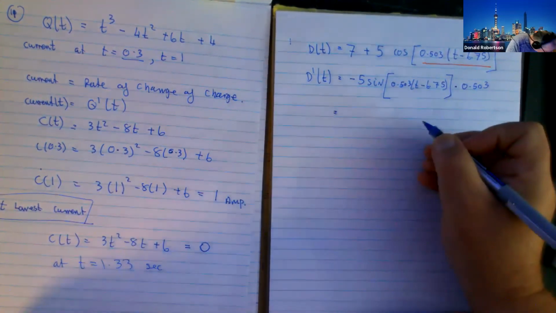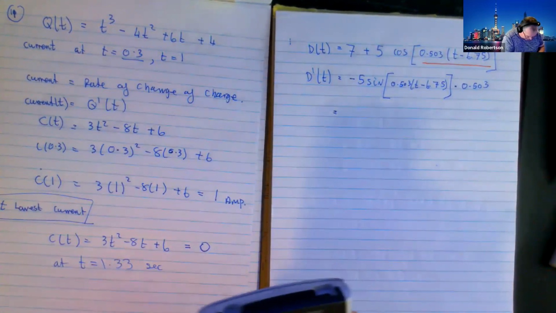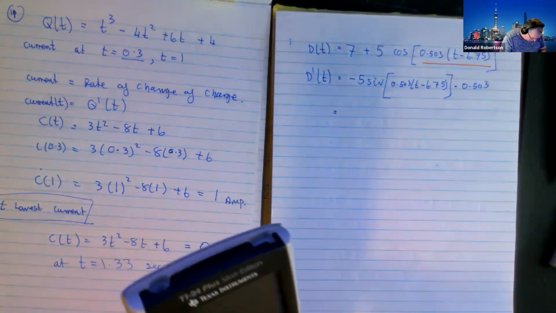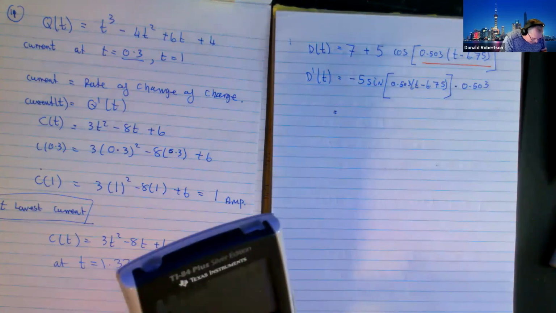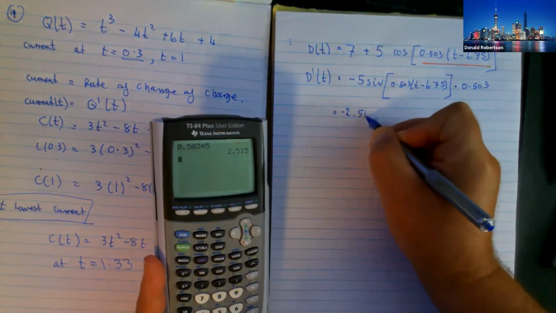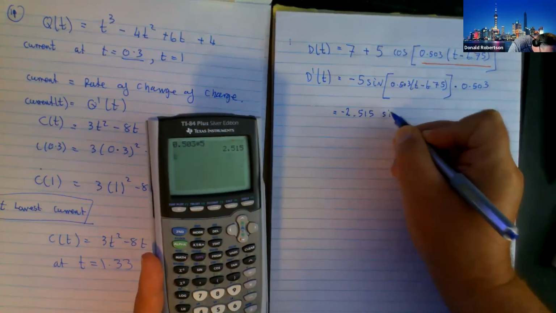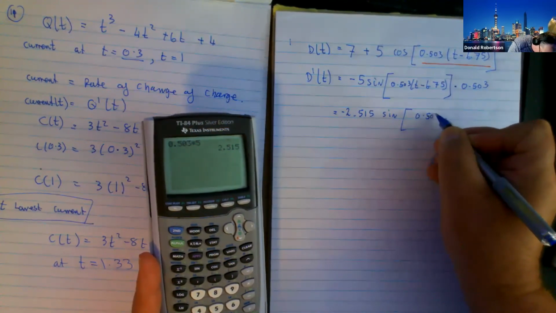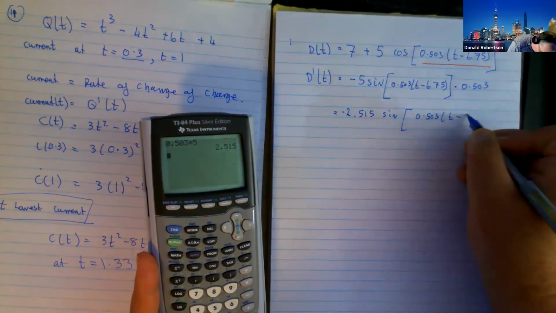And so I am now going to have to do a little multiplication by 5. So 0.503 times 5 gets me negative 2.515, the sine of this ugly calculation.